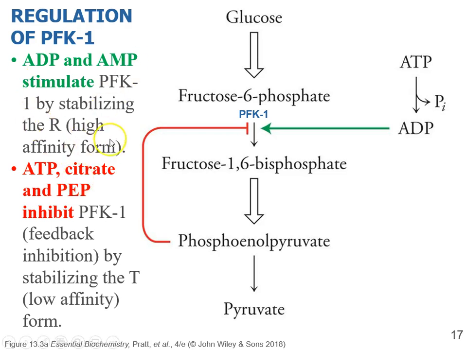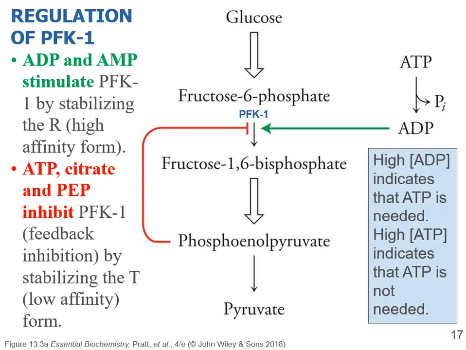That means that the enzyme has a high affinity for its substrate, whereas these allosteric inhibitors stabilize the T form, which has a low affinity for its substrate. So again, we want to be very conscious of the cellular energy status. High concentrations of ADP indicate that ATP is needed, whereas the opposite is true. High concentration of ATP means that ATP is not needed.